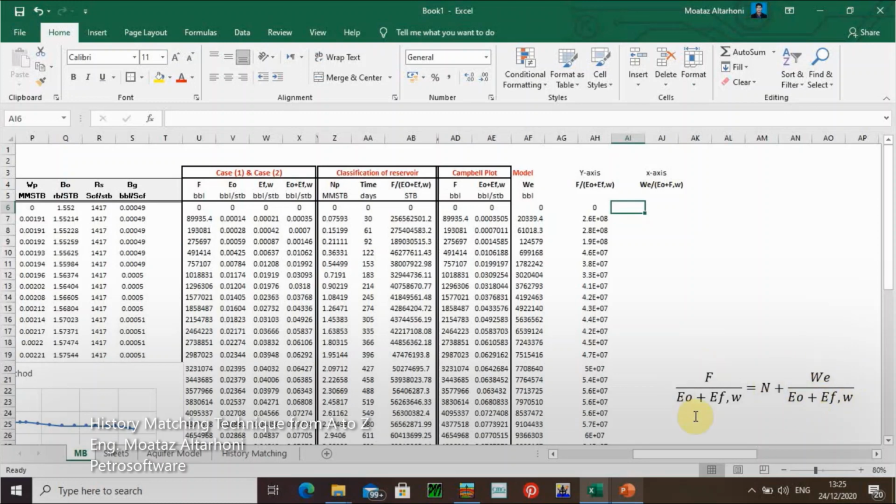So here in stock tank barrel and here stock tank barrel, no problem. Equal, sorry, so water, the first one is equal to 0. I don't need to use water divided by the total expansion. Good.